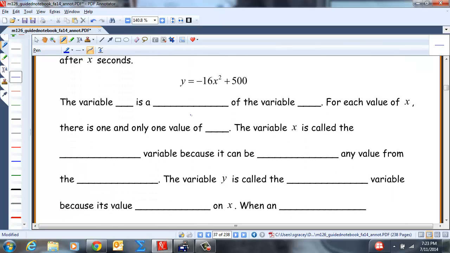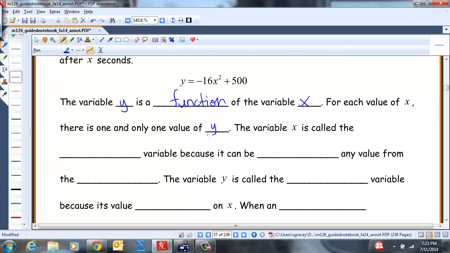The variable y is a function of the variable x. For each value of x, there is one and only one value of y.